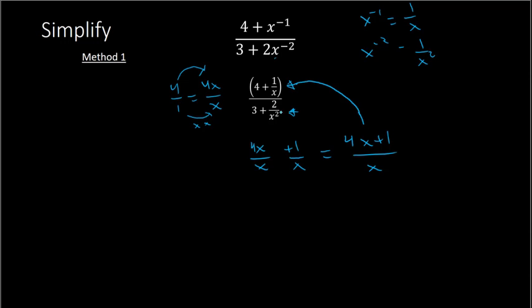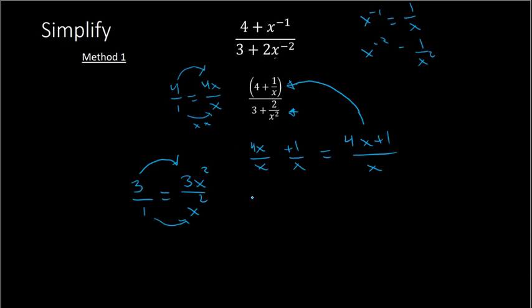And then the denominator, we have 3 plus 2 over x squared. We want to write 3 as something over x squared. So 3 over 1 equals something over x squared. So we have 1 times x squared to get that. So do the same thing on the top. 3 times x squared would give you 3x squared.